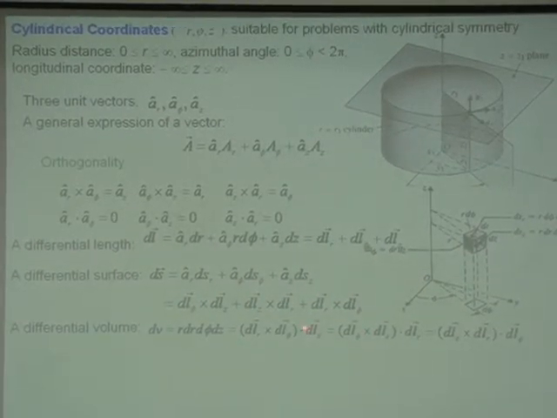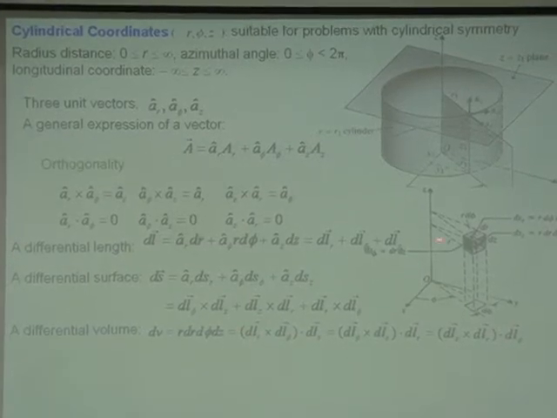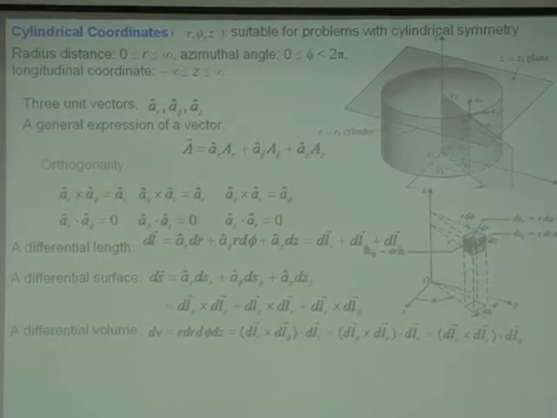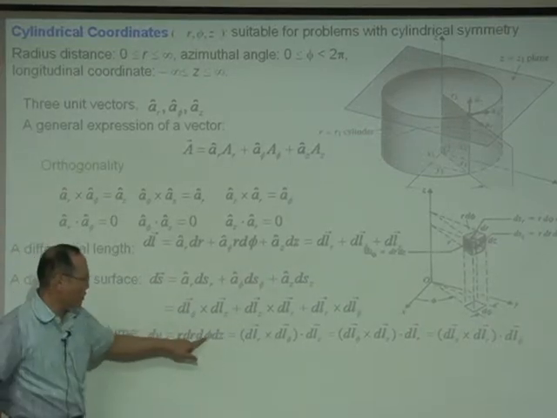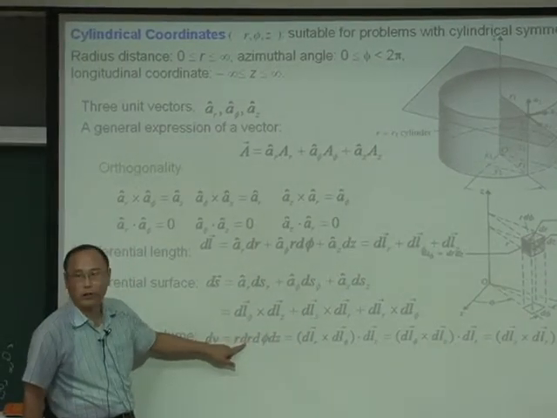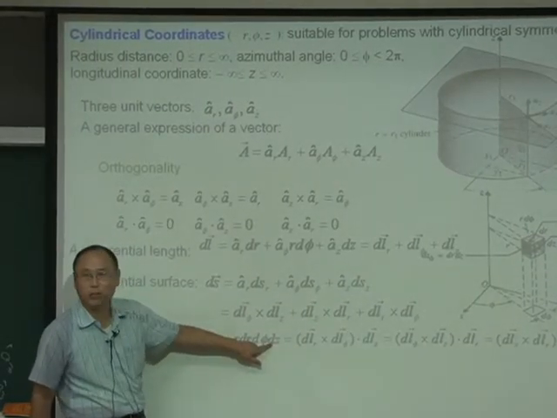OK， 所以你有三个式子可以算这个体积。刚刚我们在介绍这个 cross product, dot product 的时候已经给你了。Right, basically you get r dr d phi dz, and r d phi is dl phi, dr is dlr, dz is dlz.